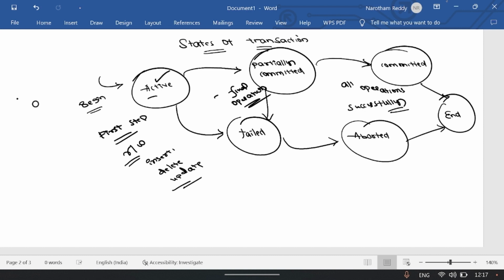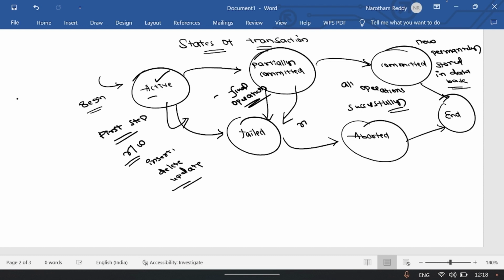In the committed state, the effects are permanently stored in the database. If any of the checks made by the database recovery system fails, or if any failure occurs in the active state, it goes to the failed state. If the transaction fails in the middle, all the executed operations of the transaction fail.